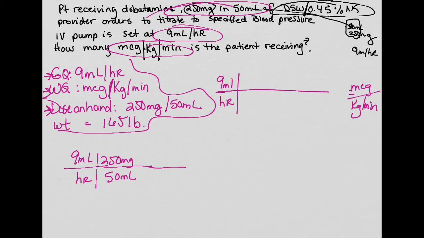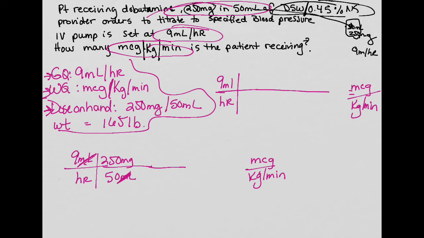It looks like I'm looking for micrograms per kilogram per minute. So right now I can cross out the mLs. Now I'm going to have milligrams per hour. I'm not even close to that, right? I need to get to micrograms per kilogram per minute.